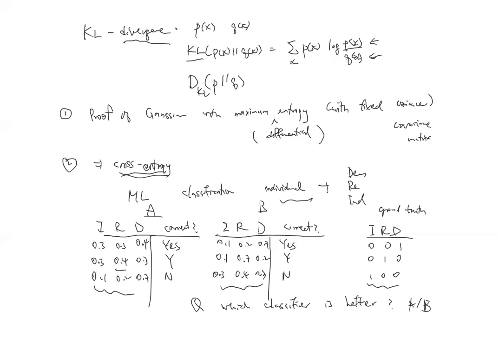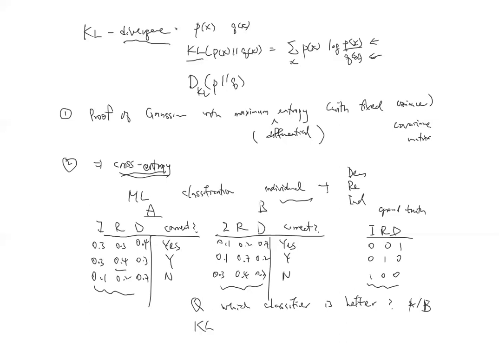So now we can consider all these distributions, and we can simply use a KL divergence to determine which one is better or which one is worse. Then we can score each of the classifiers simply using the KL divergence.